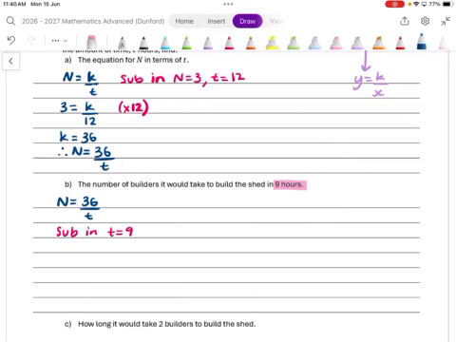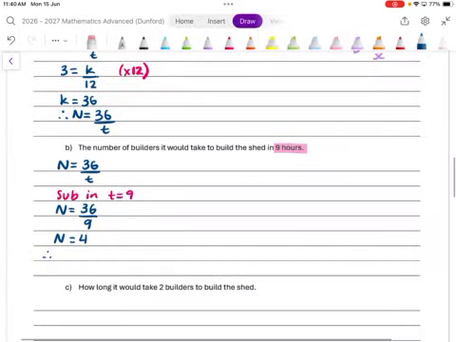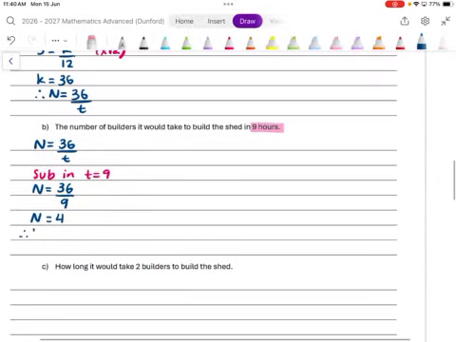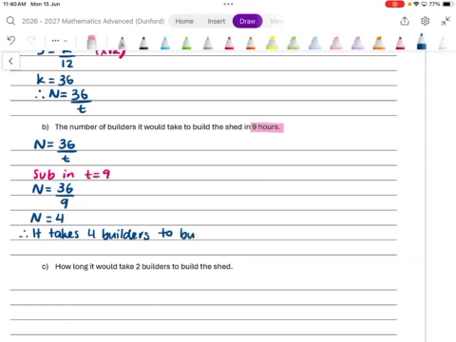That means we will have n equals 36 on 9. So n equals 4. Therefore it takes 4 builders to build the shed in 9 hours.